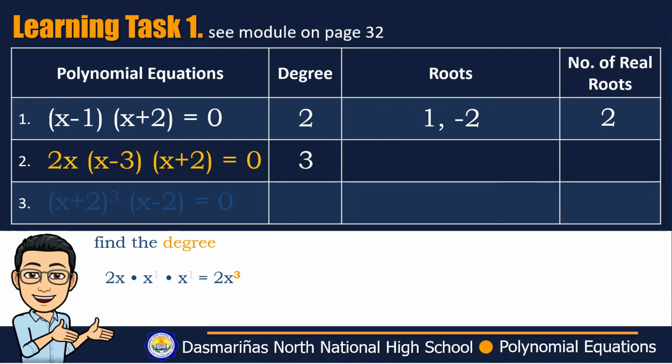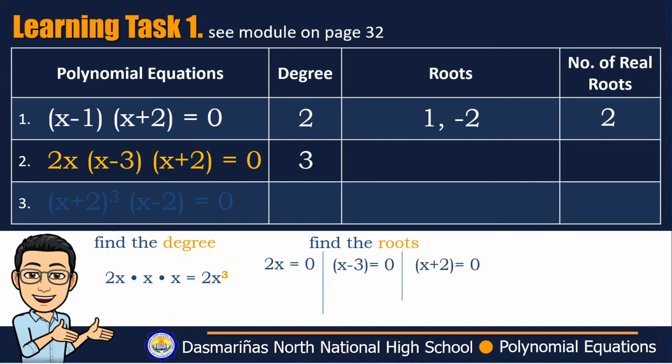Next, finding the roots, we have 2x is 0, x minus 3 is 0, and x plus 2 is 0. Now, let's solve for x. 2x is 0. Divide both sides of the equation by 2 to remain x. Then 0 halves is 0, so x is 0. Next, x minus 3 is 0.